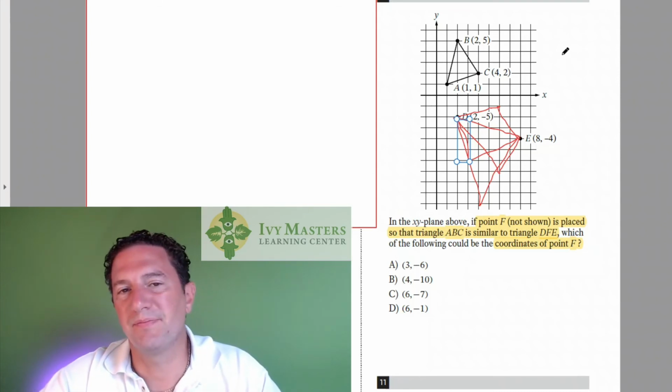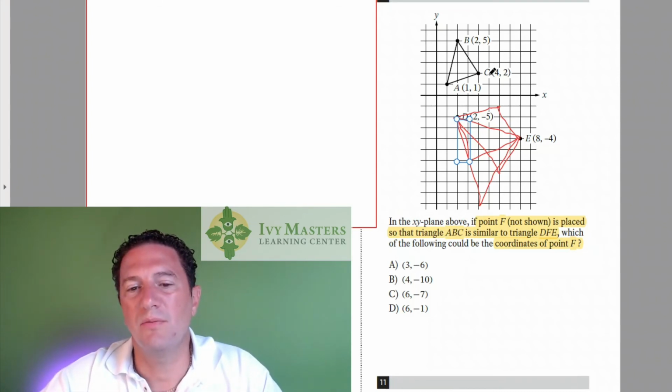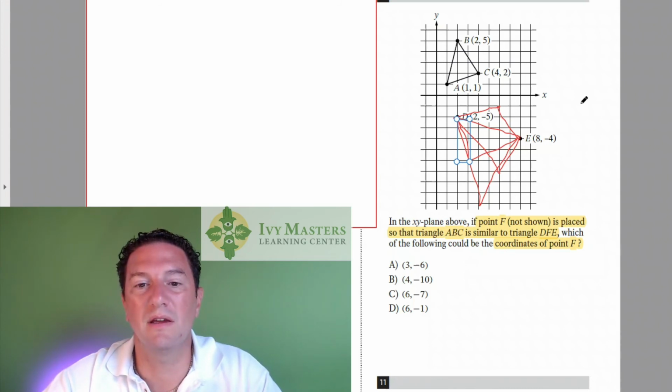So, how is that helpful? It looks like the scale factor for the big triangle is double the small triangle. So for the small triangle, let's look at another side. We could rise 1, 2, 3, 4, and run 1. So if we're rising 4 and running 1, that would be like rising 8 and running 2.